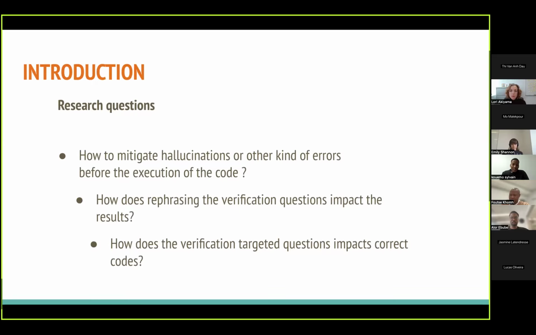The next is, can rephrasing our prompt impact the performance of what we propose? And then, how does our process impact the correct version of the code? When a correct code is generated and we apply our process, does it impact the result positively or negatively? We want to measure it.